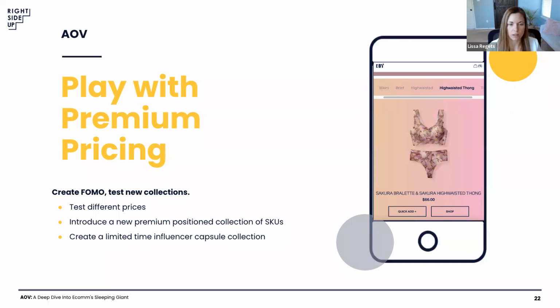Now, in this case, Ebby sells underwear as well. So underwear is a commoditized type item. So there's only so much wiggle room that we had on actually being able to increase standard pricing, because people want to pay a certain dollar amount for underwear, and that's just the way it is, right? So offering maybe a bralette, which is a more expensive item, offers an increased AOV opportunity.